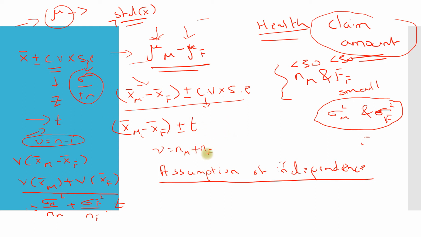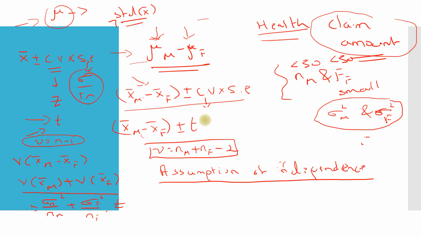But then not minus 1, but rather minus 2. So this is important to remember. For the two-sample case, if you are using t, the degree of freedom will turn out to be this, minus 2.